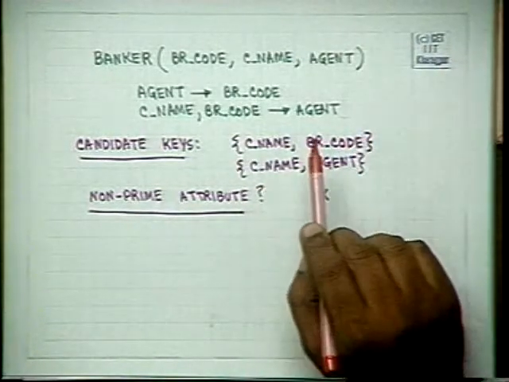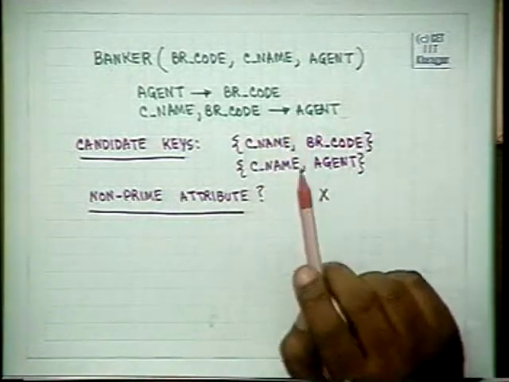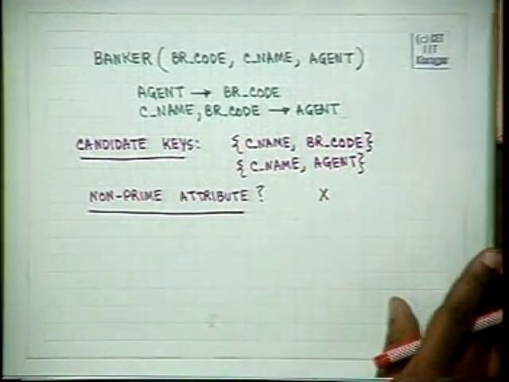In order to avoid and prevent even this sort of a redundancy, we have a stricter form, which is called the Boyce-Codd normal form.